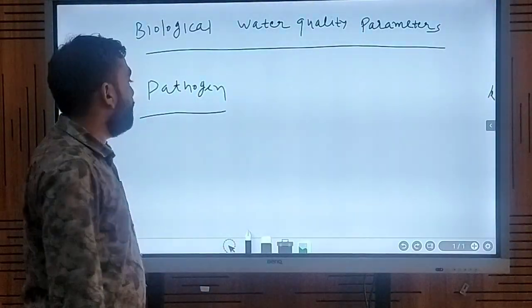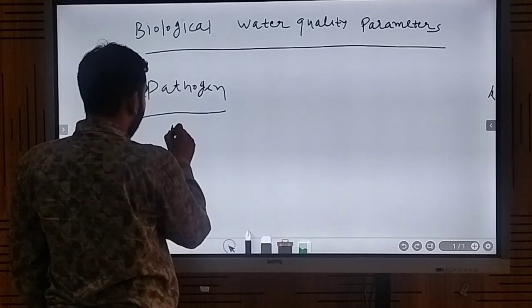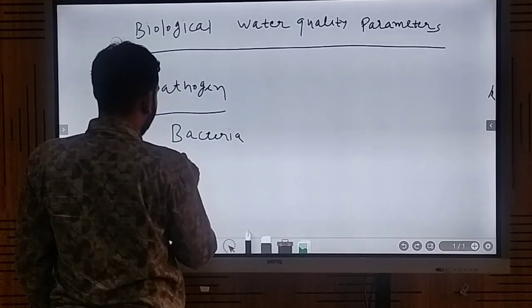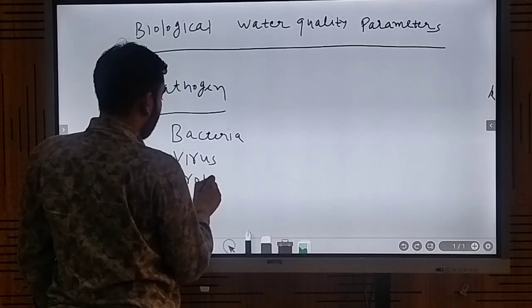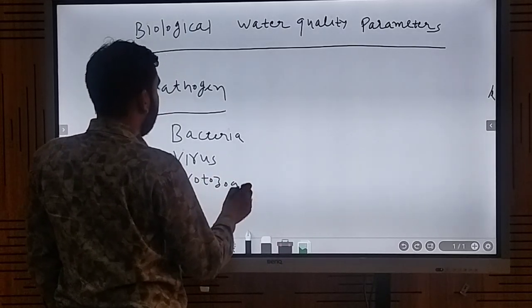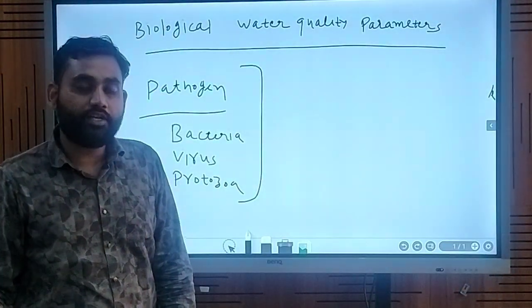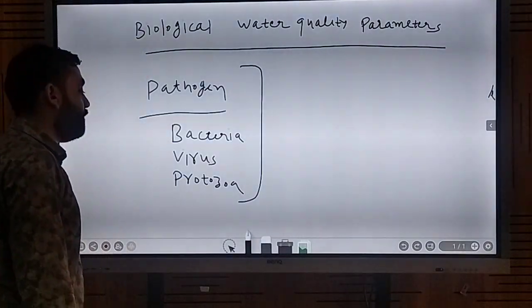These are in the form of bacteria, virus, and protozoa. These biological water quality parameters are responsible for disease, so we have to remove them.